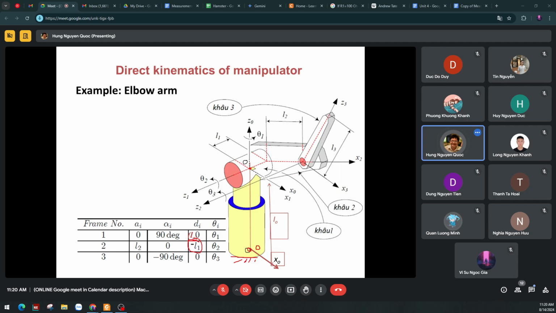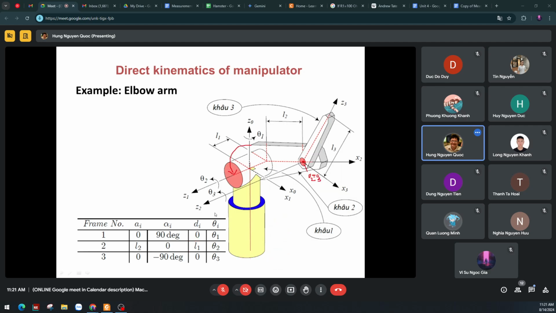Then you project this one onto this one, so this is the projection, the distance from here to here. This should be D2. And in this case, from here to here is the opposite direction, so it should be minus L1.